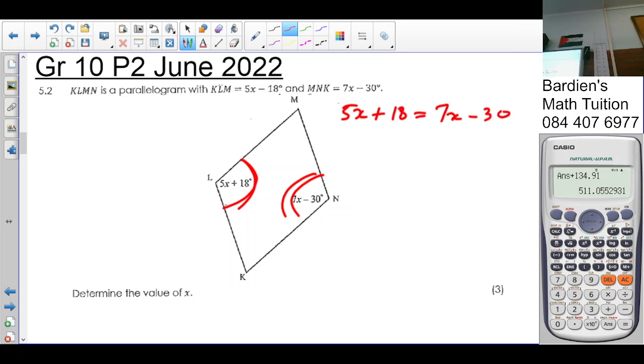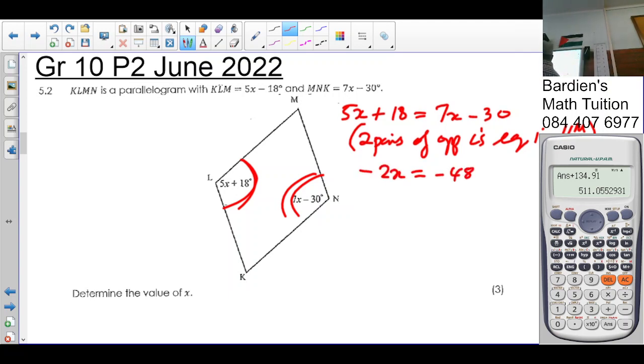Why? 2 pairs of opposite angles are equal in a parallelogram. Right. So for x, negative 2x is equal to negative 48. Divided by negative 2 on both sides, x is 24 degrees. Okay.